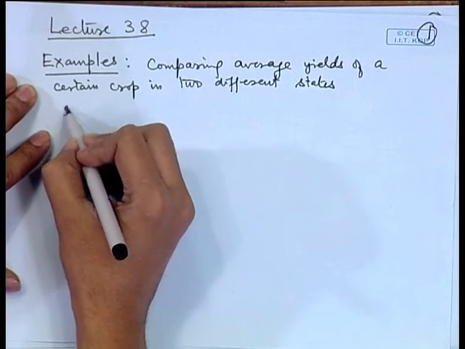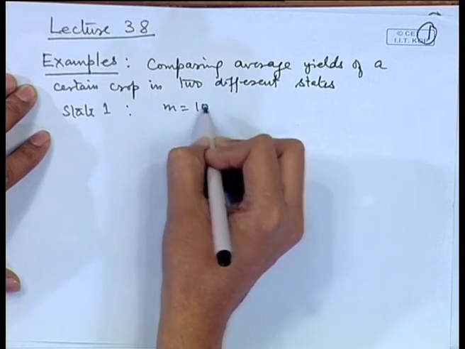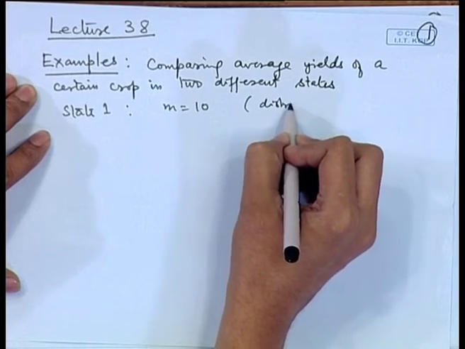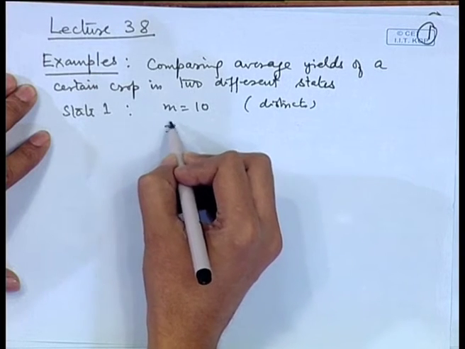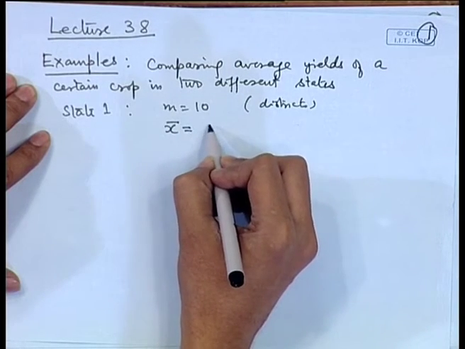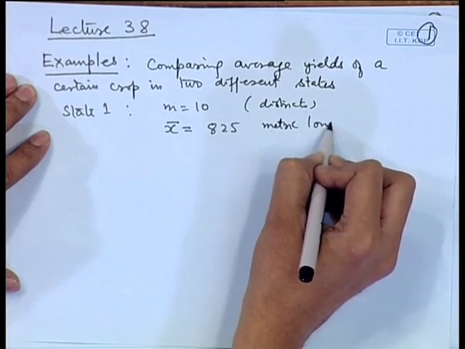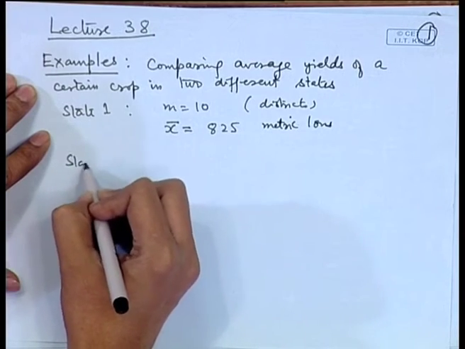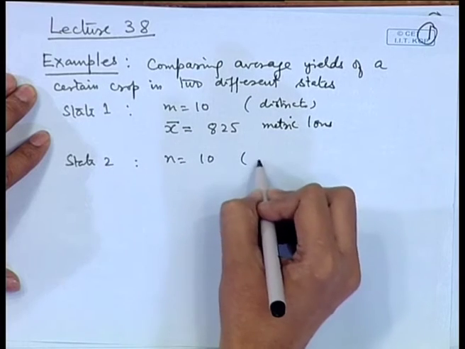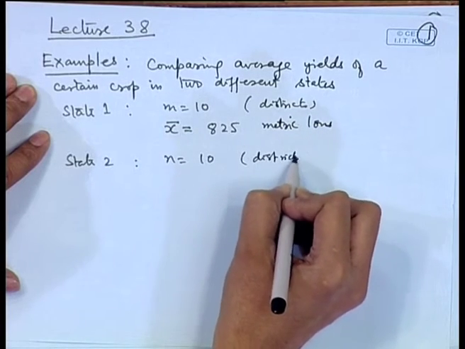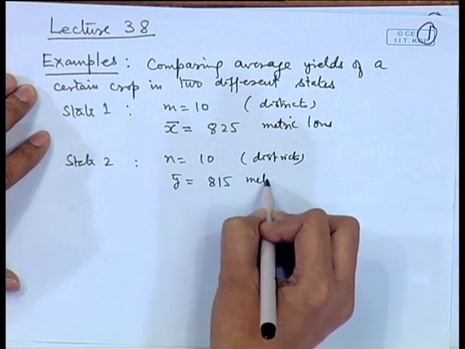In state 1 we considered, say, 10 districts, and on the basis of the random sample we observed that the sample mean turns out to be 825 metric tons. Similarly, in state 2 we took another random sample of 10 districts and the average yield turns out to be 815 metric tons.